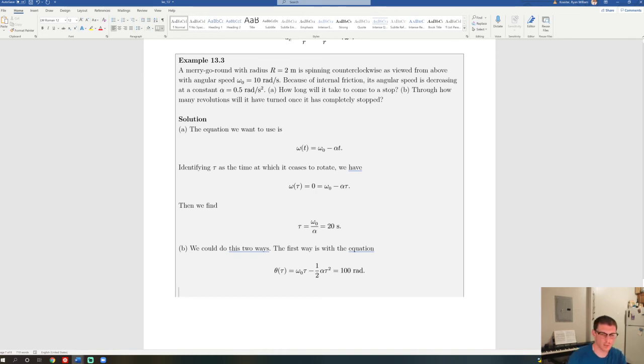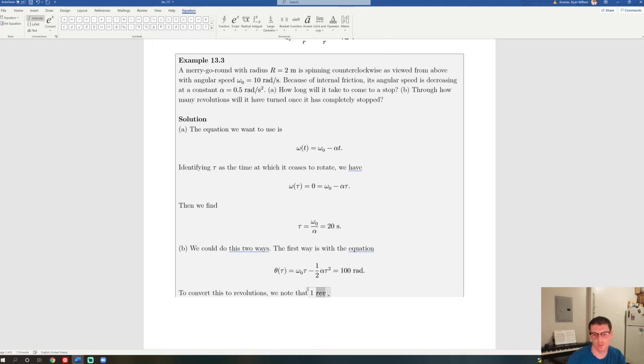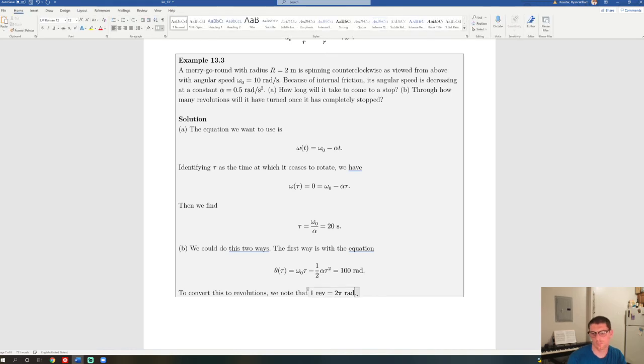So to convert this to revolutions, we note that 1 revolution is just 2 pi radians, because 2 pi radians takes us through a complete circle, and so does 1 revolution by definition.